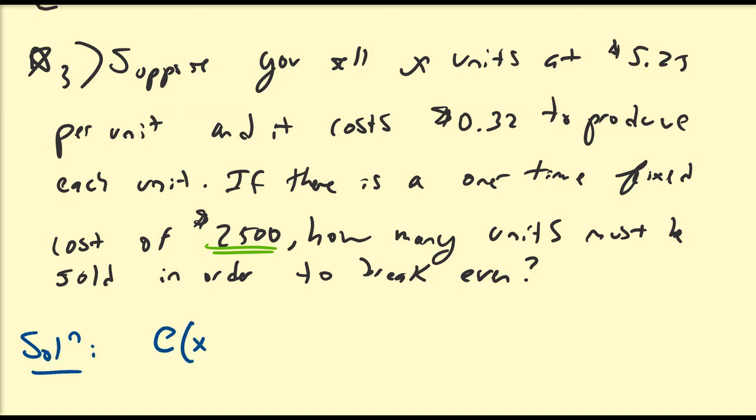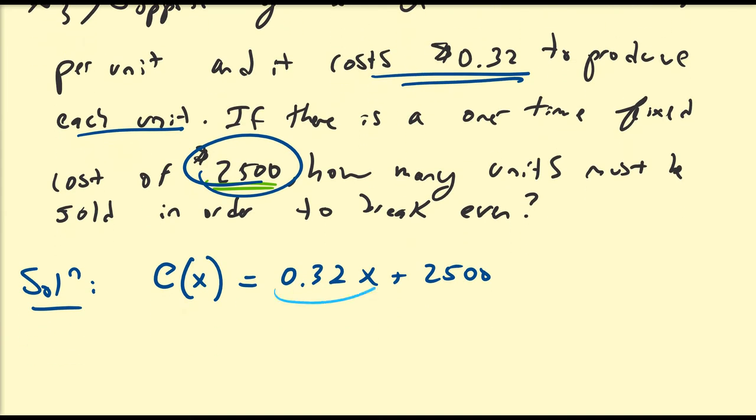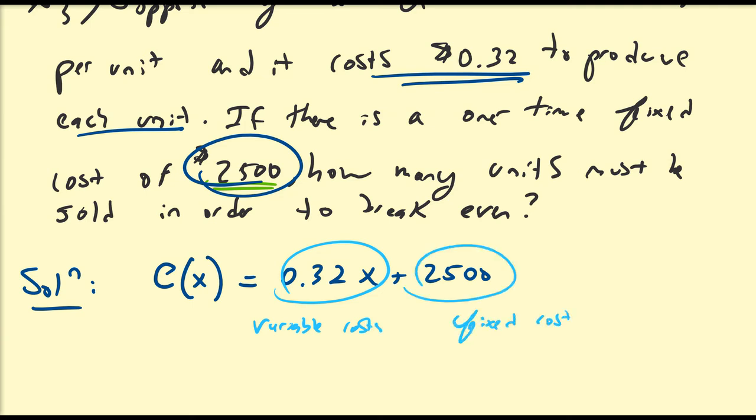All right, so let's create a couple of functions. Our cost function is how much it costs. It costs $0.32 to produce each unit, and we have a fixed cost of $2,500. So this is going to be equal to 0.32x plus 2,500. Again, this is our variable cost, and this is our fixed cost.